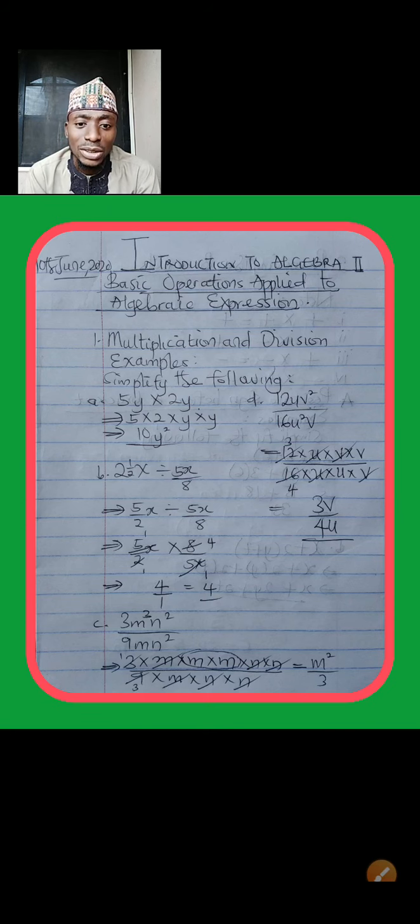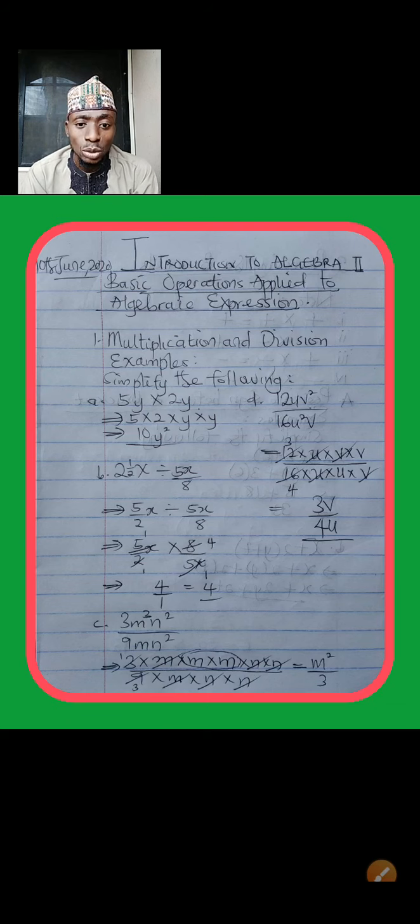So you are going to say 5 over 2x times, when you reciprocate, 8 over 5x. So you see that you can break 5x and 5x. You break 5x here, 1, 5x here, 1. Then 2 here, 1, 2 in 8, 4. So you're having 1 and 4. If you multiply the 1 times 4, you get 4. Then the denominator, 1 times 1 is 1. So 4 over 1 is the same thing as 4. That is how I got that answer.